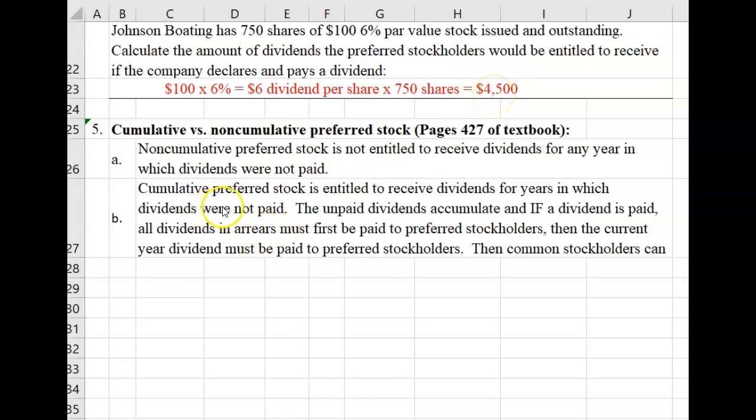Cumulative preferred stock is entitled to receive dividends for years in which dividends are not paid. The unpaid dividends accumulate, and if a dividend is paid, all dividends in arrears must be paid first to preferred shareholders, then the current year dividend must be paid to preferred shareholders, and only then can common shareholders be paid.